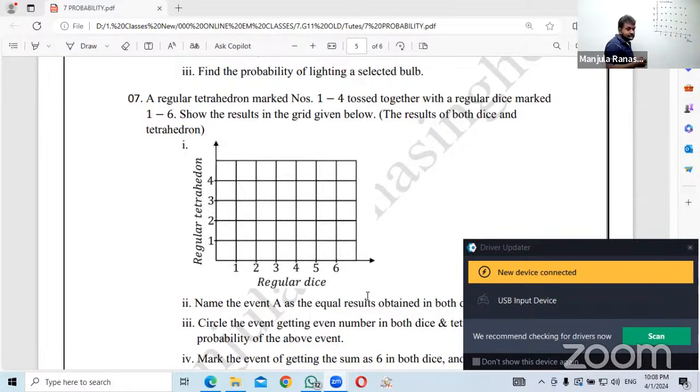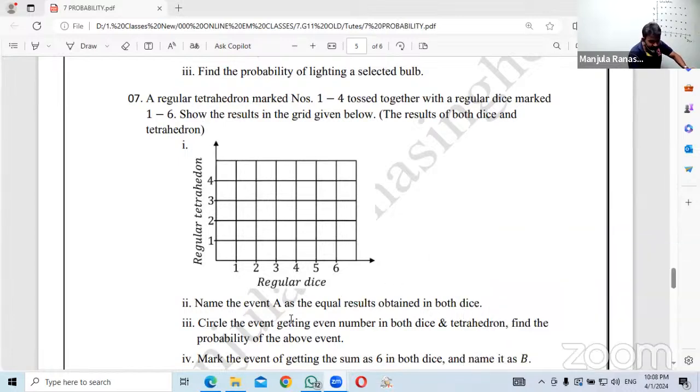Right? Now we will deal the question. Name the event A as the equal results obtained in both. 1, 1, 2, 2, 3, 3, likewise, right? 3 and 4, right? We can have only up to 4 because dice having 6, but here 4 having.